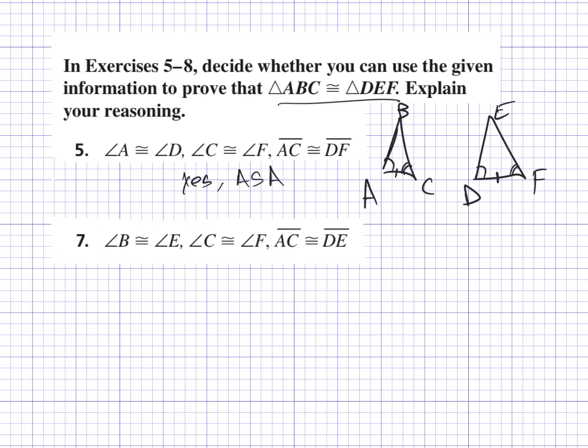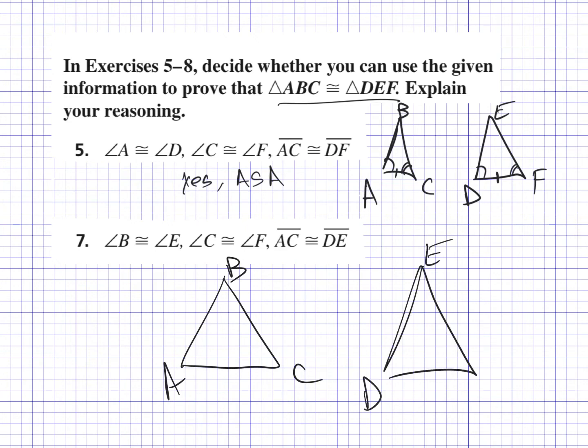Okay, now let's do it again. Let's do two triangles, A, B, C, and D, E, F. Angle B is congruent to angle E. Angle C is congruent to angle F. And AC is congruent to DE. All right, those are in different places, okay?